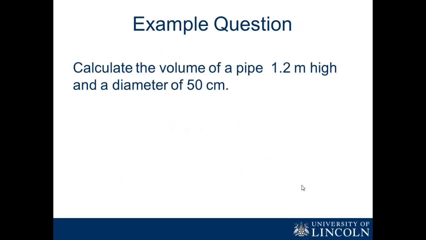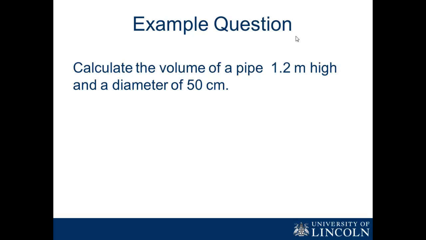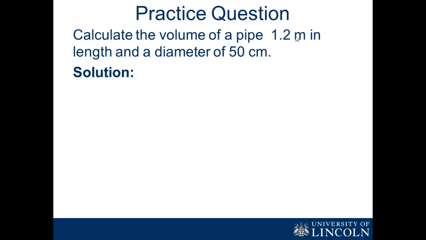Example. We want to calculate the volume of a pipe 1.2 meter high and a diameter of 50 centimeter. Now, solution. The very first thing I want you to notice here is the height, or the length of the pipe, depending on how you position it.